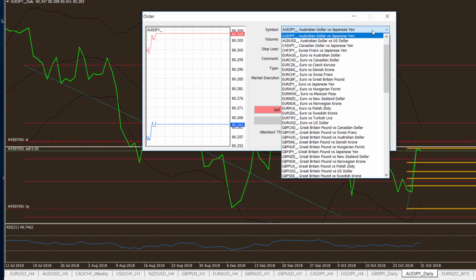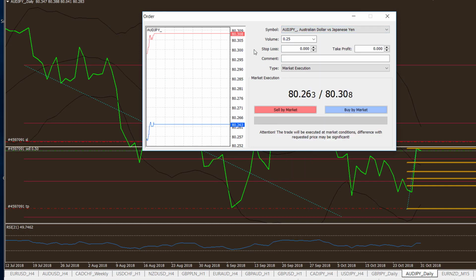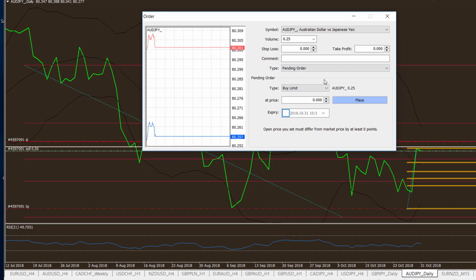In most cases, this will not be a market execution, but a pending order. In this case, this is a sell, so we would make this a sell limit. You make that a sell limit, and then you put the price in here.